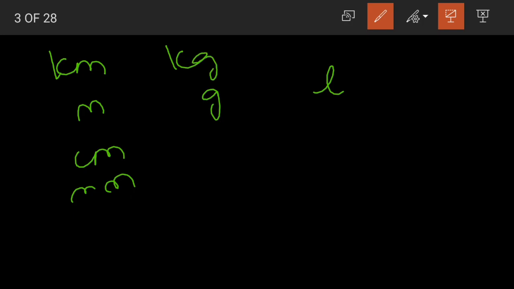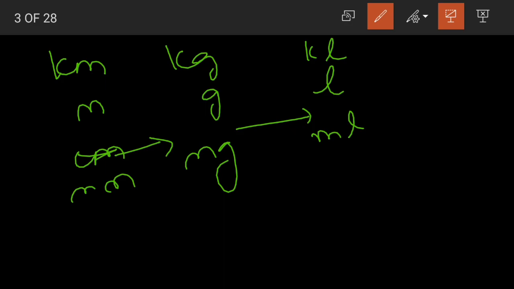We learned that we have kilometers, meters, centimeters and millimeters, right students? In the same way for grams we have kilograms and milligrams, and for liters we have kiloliters and milliliters. Okay students, there are no centigrams or centiliters for grams and liters.